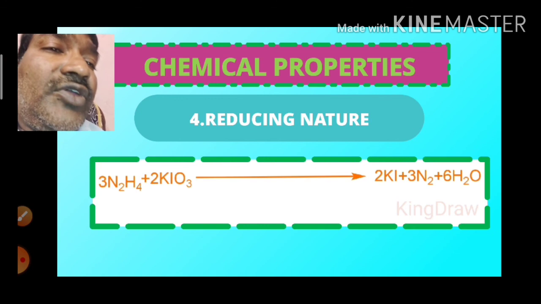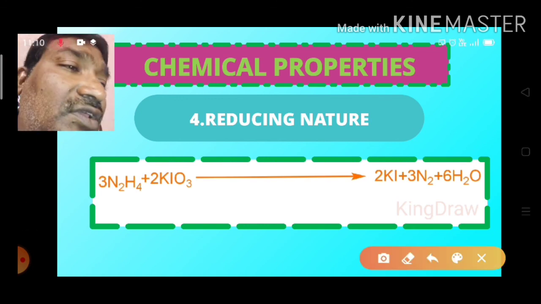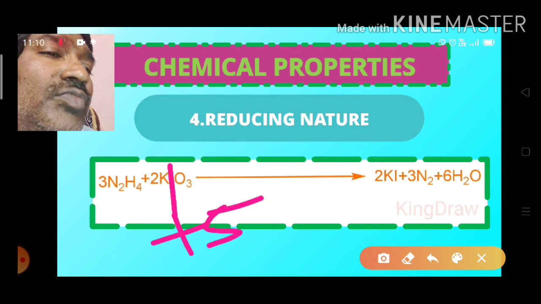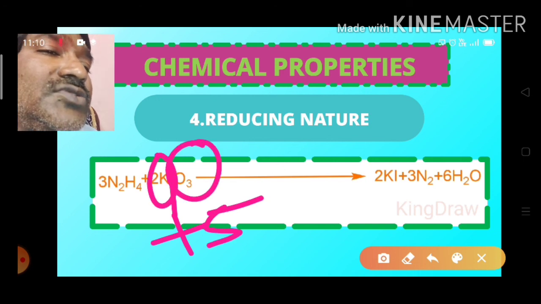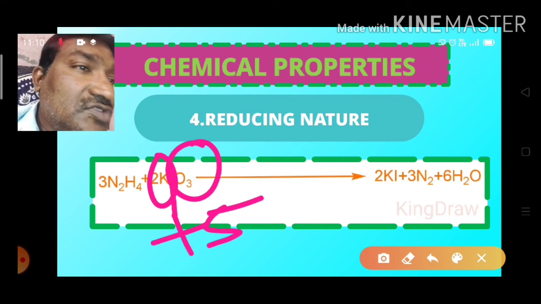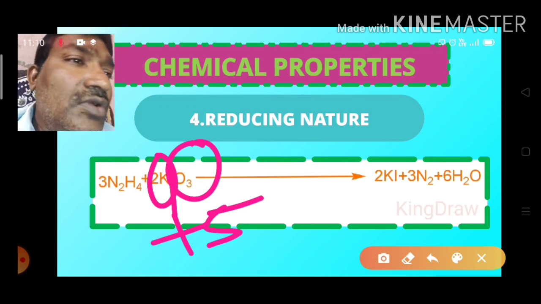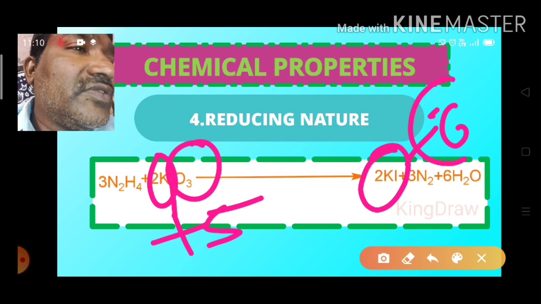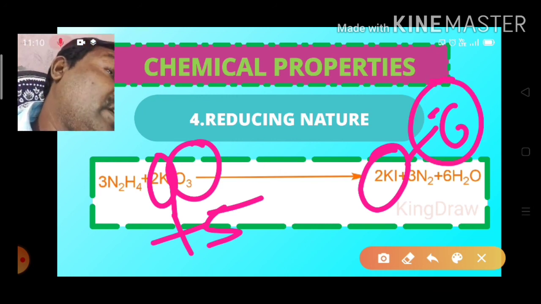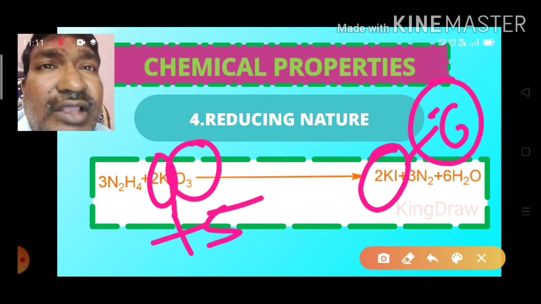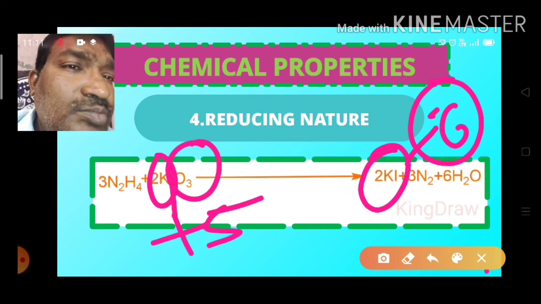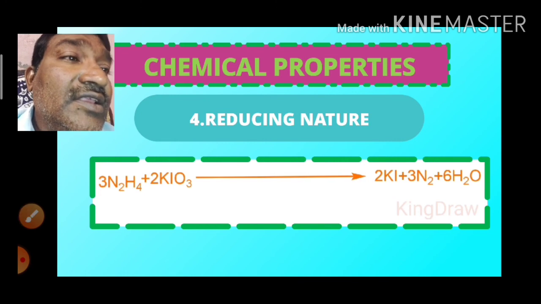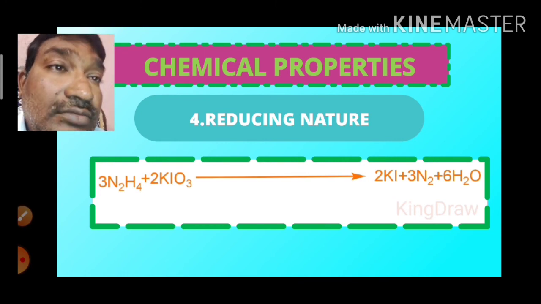In potassium iodate, the oxidation state of iodine is +5, because of -6 and +1. So on the iodine, the +5 oxidation state is there. Whereas in potassium iodide, the oxidation state of iodine is -1. That means it is very much less. Like that, hydrazine reduces potassium iodate to potassium iodide and releases nitrogen gas.